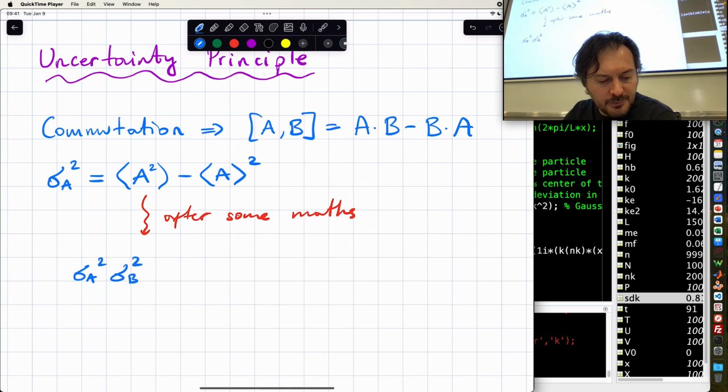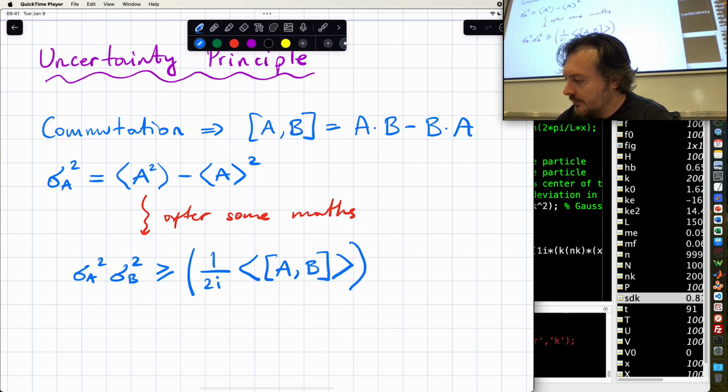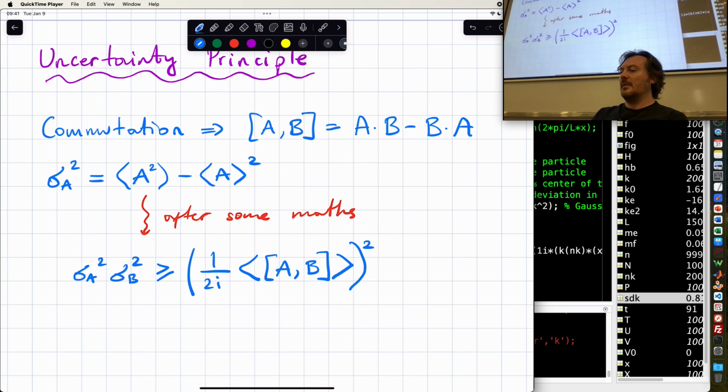If you have two operators and you multiply their variances like this, the amount comes out larger than or equal to the expectation value of the AB commutator, squared. Okay, after some math, this just happens. Well, let's do it.